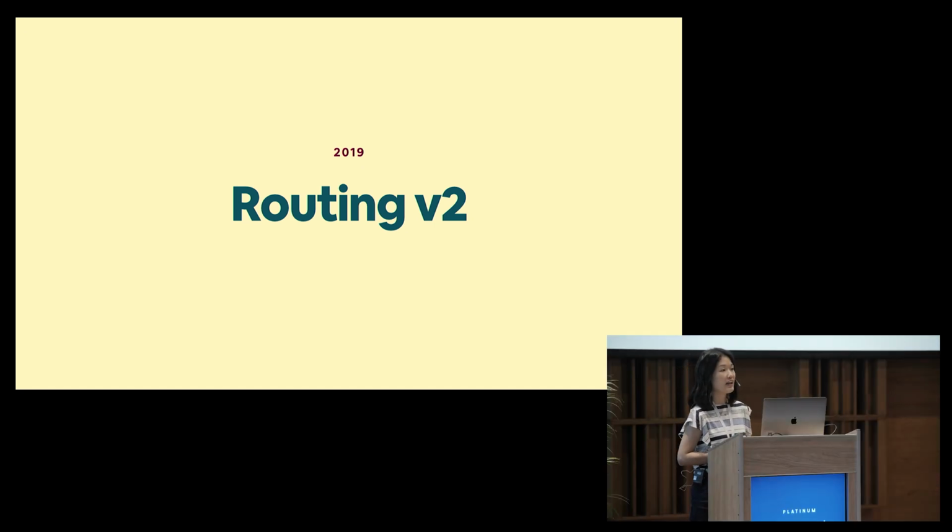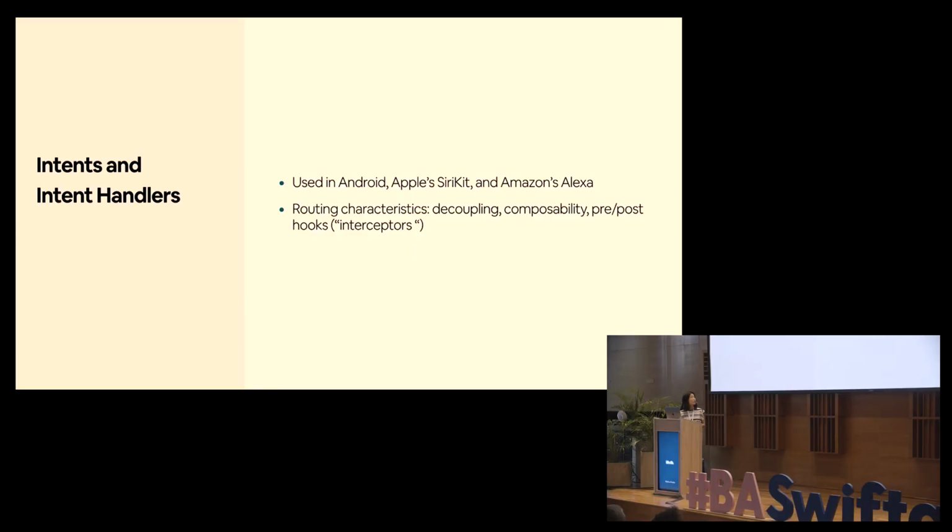discussed product and engineering requirements within the Airbnb app. After a few months of discussion, we landed on a new proposal based on intents and intent handlers. Intents are used in popular platforms and frameworks such as Android, SiriKit, and Alexa.